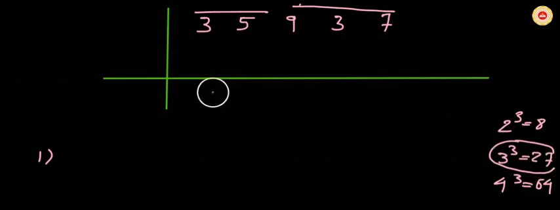So let us write 3 here, and 3 is the first left digit in the cube root. And let us separate this 3 from the rest of the quotient digits that we are going to write here at the right side of this 3.